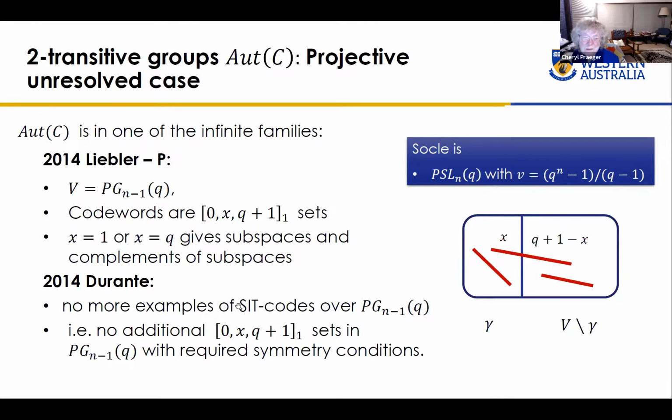I didn't know all the results, but he did, and it was fantastic that he could work out that there was enough in the literature with the appropriate symmetry results, so that he could see that there simply were no possibilities in the projective case. But in the affine case, he found these amazingly beautiful geometrical configurations which gave examples.